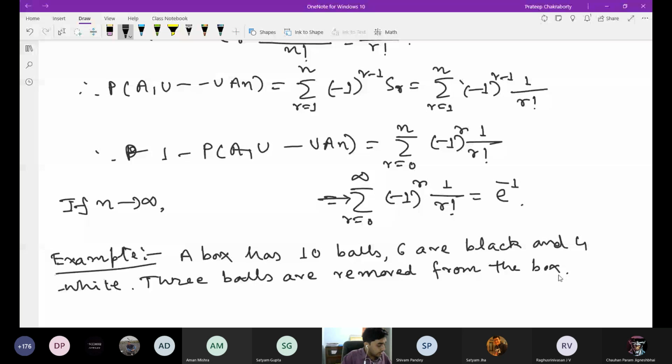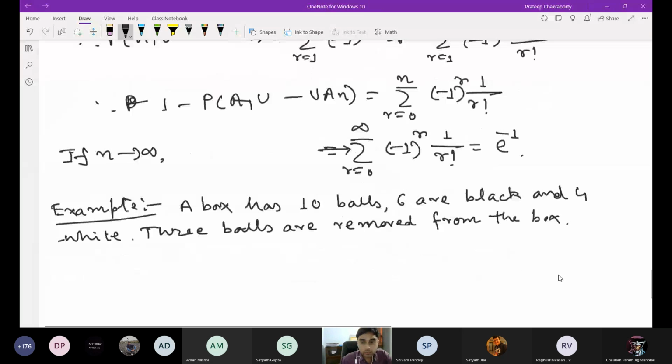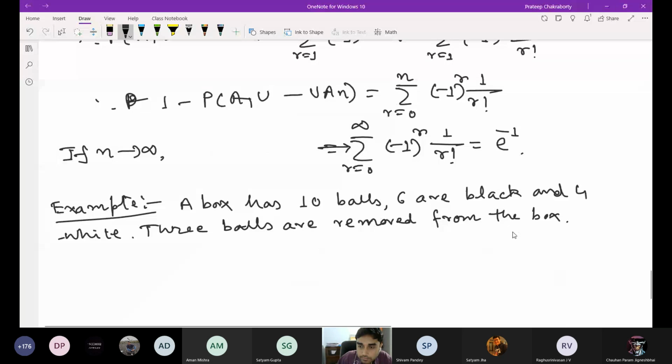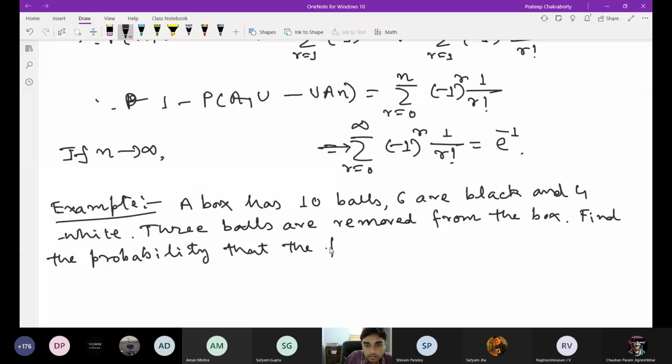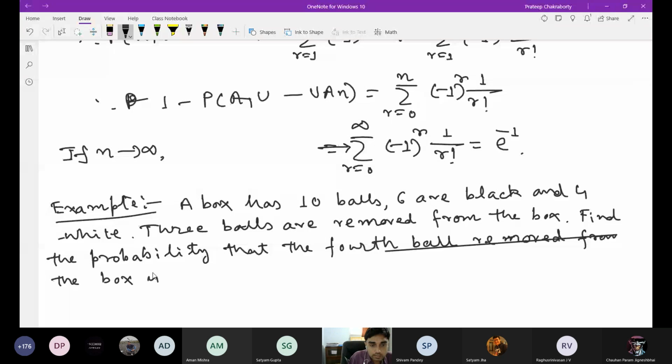Find the probability that a fourth ball removed from the box is white. The fourth ball removed from the box is white.